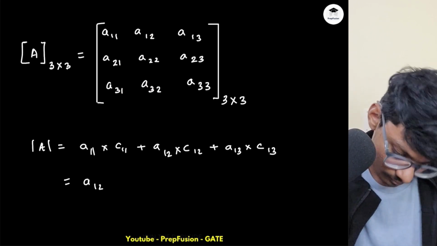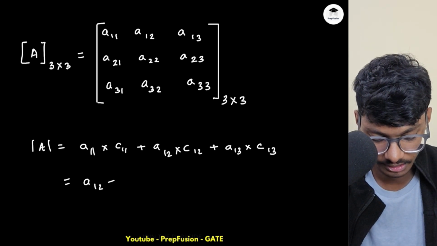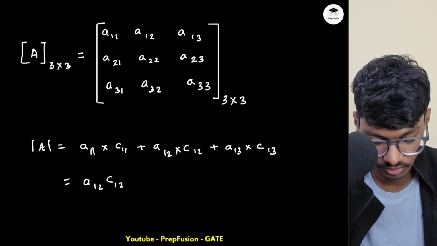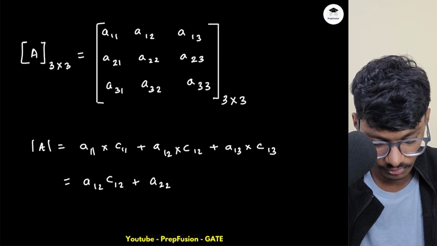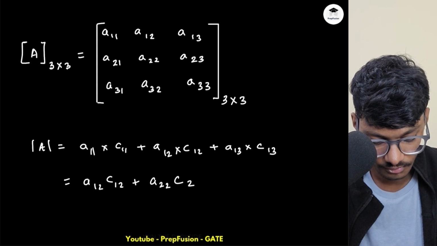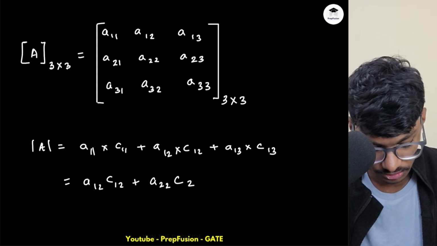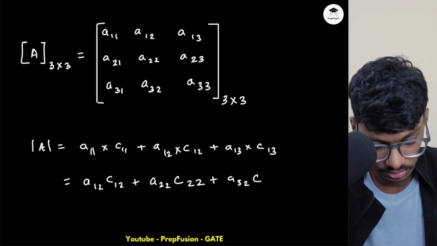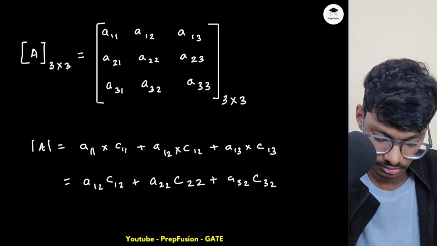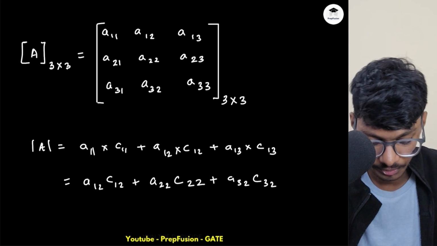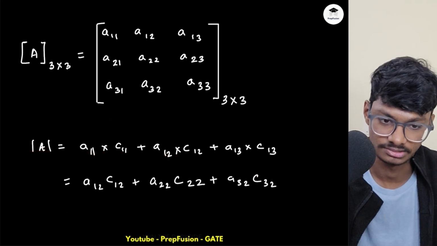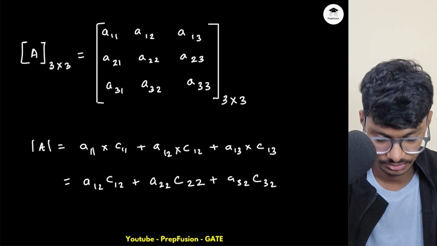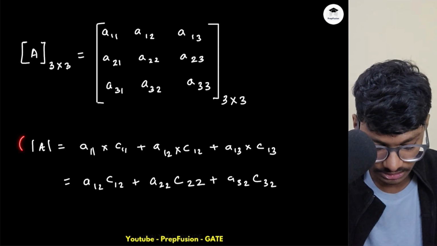So if I break this down through the second column, it will be A12 into C12, plus A22 into C22, plus A32 into C32. Either way you break it down, through rows or through columns, it doesn't matter. So this is about the cofactor.